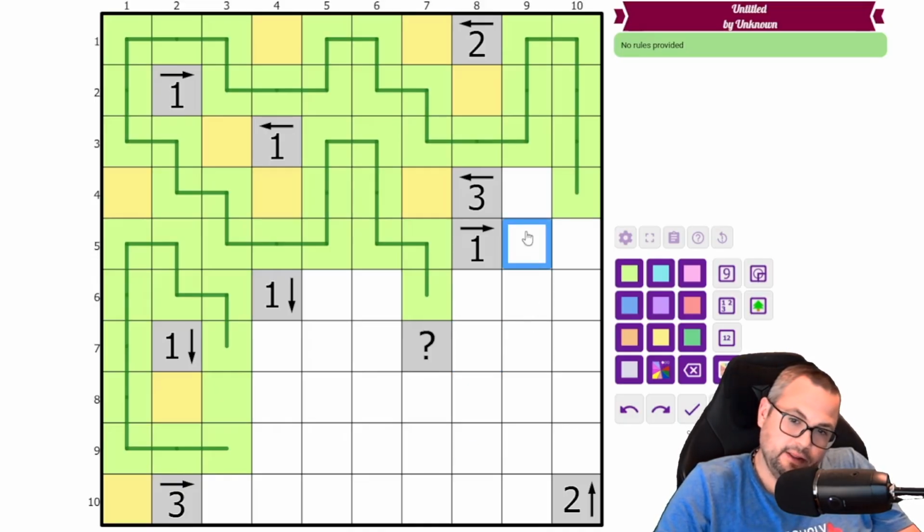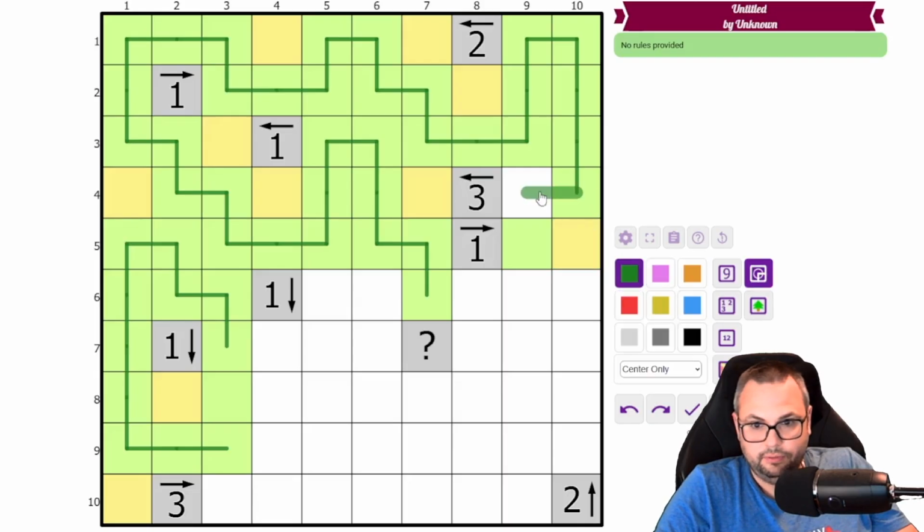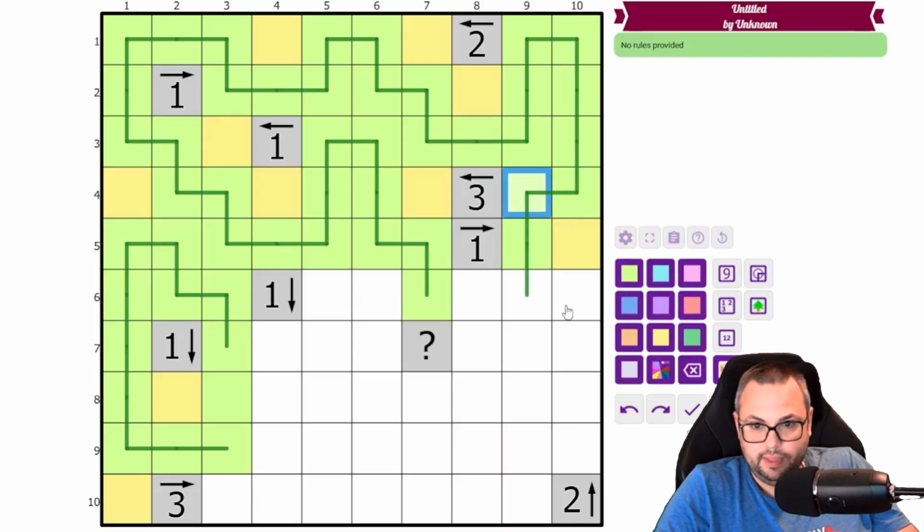I'm certainly not making this the yellow one because, again, that would create a dead end. So this is the yellow one. It's all of that over there. Did that over there like that.